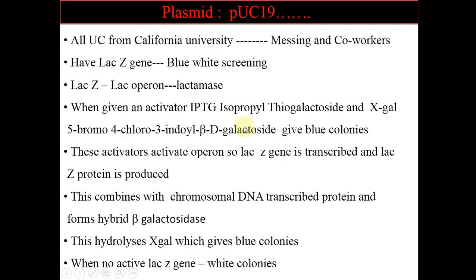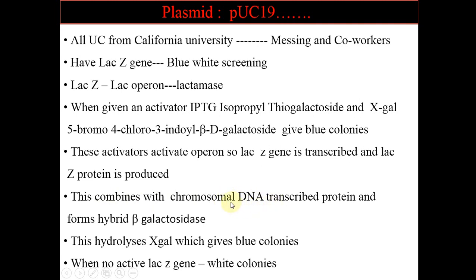This method for selection of transformants is known as blue-white screening or the alpha complementation method. Why alpha complementation? Because this pUC19 has only the lacZ alpha gene, which encodes the N-terminal of beta-galactosidase, and the rest of beta-galactosidase is derived from the chromosomal DNA of the host cell.